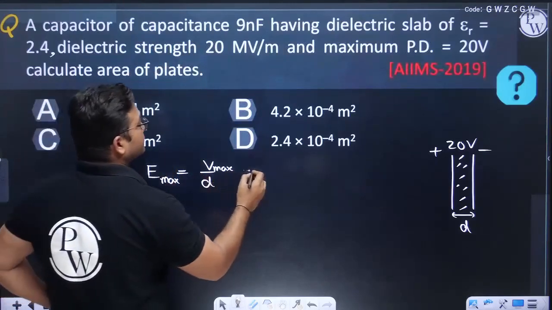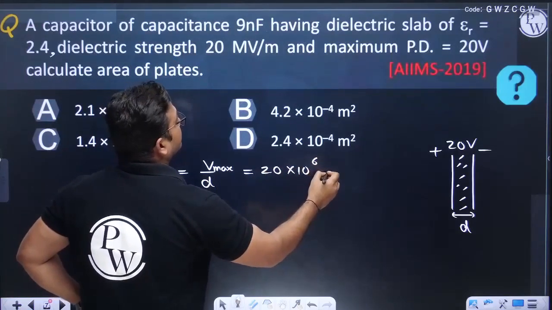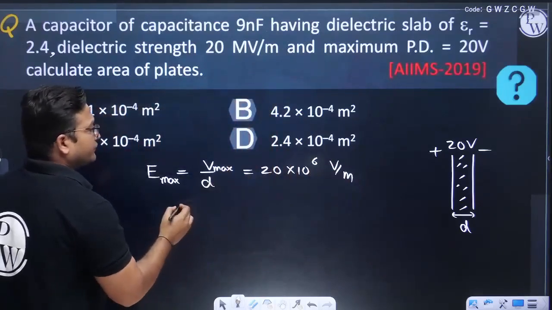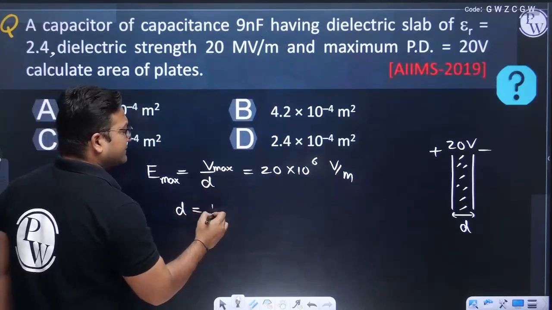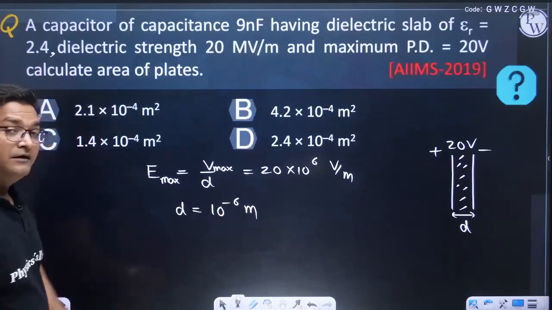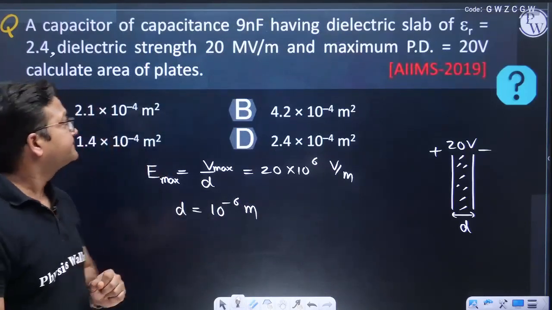So this is equal to 20 times 10 to the power 6 volt per meter, because it is megavolt per meter. So let's find D. If you put V max as 20, you will find D as 10 to the power minus 6 meters. Okay, this is the distance between the two plates of the capacitor.